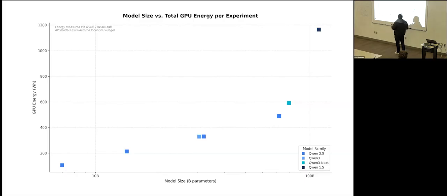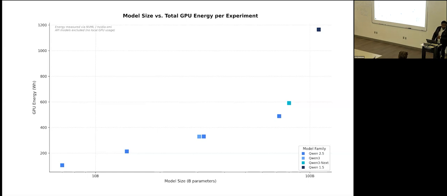So if we're looking at GPU consumption and the size of the models, and we are doing an experiment on energy usage, it might be a good idea to start looking at models that have this parameter size and energy consumption if you want to look at the trade-off.